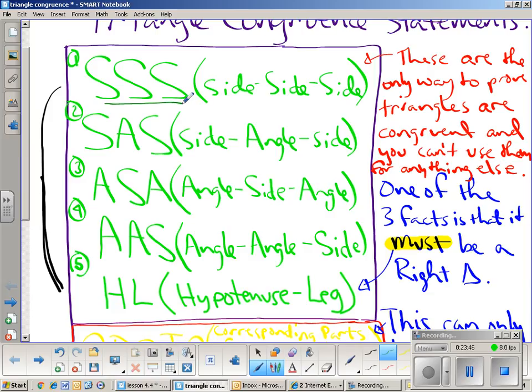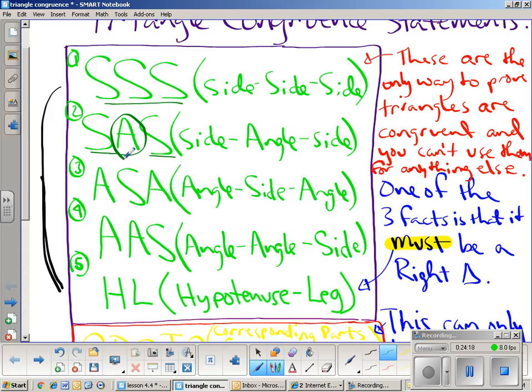I had 2 sides, and I had the angle that was sandwiched in between those 2 sides. And so the reason I knew they had to be congruent was because of this postulate, which says, if you know 2 sides of one triangle, and the included angle, meaning the angle between them, is congruent to 2 sides of another triangle and the angle between them, then those 2 triangles have to be congruent.